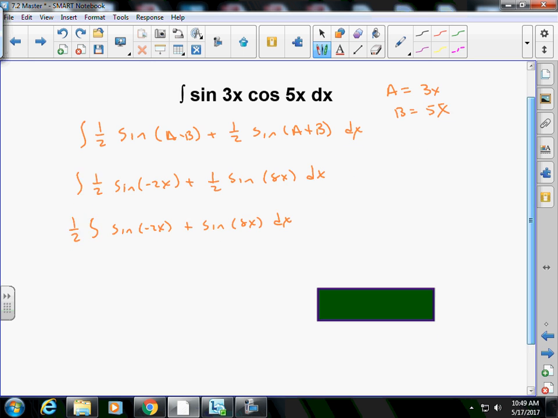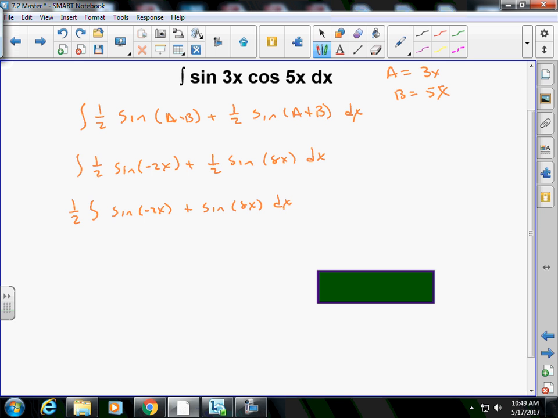And since it's an addition problem, I could break them apart or not break them apart and just do the integration. So now I need a 1/2 times, I need a minus 1/2 too, right? Because of this part here.